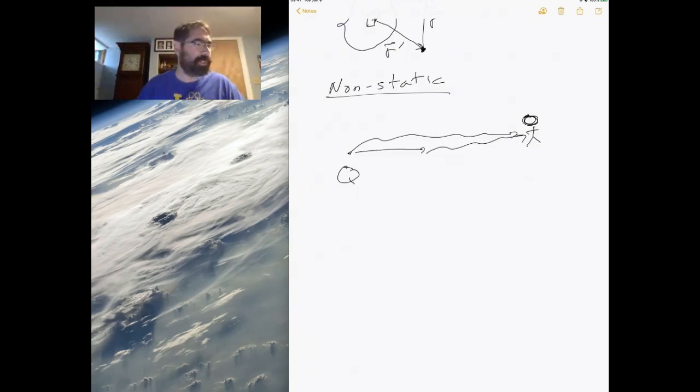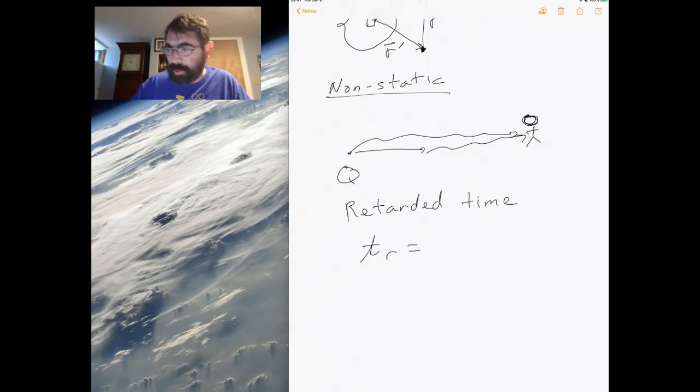So if I think about it, I now have something which is called the retarded time, the time earlier, which is equal to the time now minus the travel time.